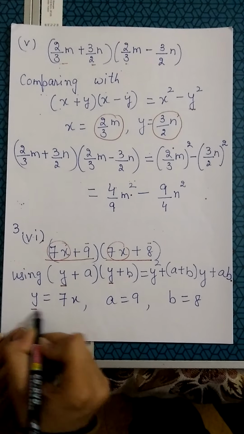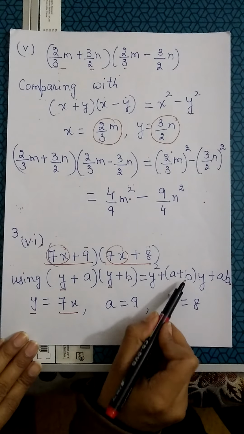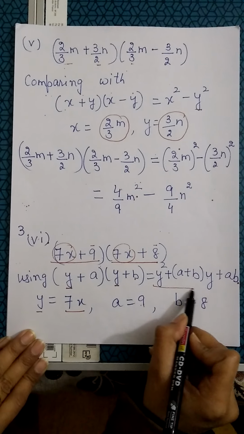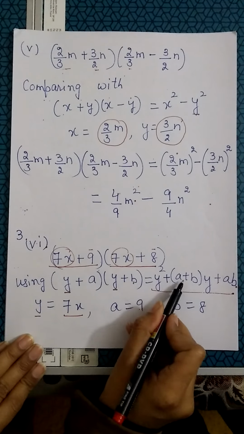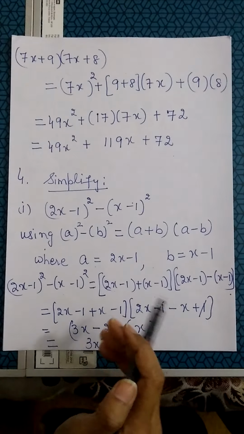Now here y is equal to 7x, a is equal to 9, b is equal to 8. I will be simply substituting the values of y, a and b in the given identity. What we'll get?